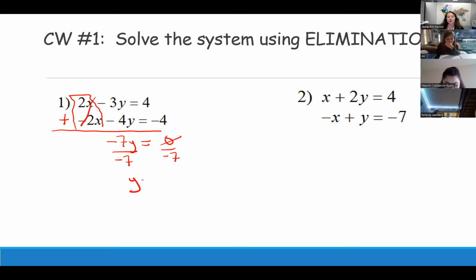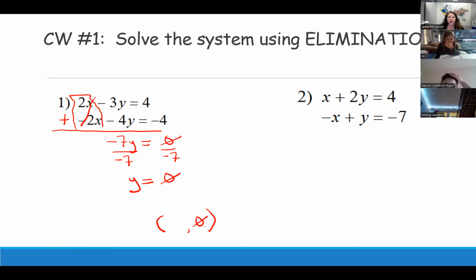And what's 0 divided by negative 7? Do I get a real answer? Yep, I get 0. If you're not sure, put it in your calculator. If your denominator is 0, it'll be no solution. But if the numerator is 0, that's a real answer. So we know our y value is 0.